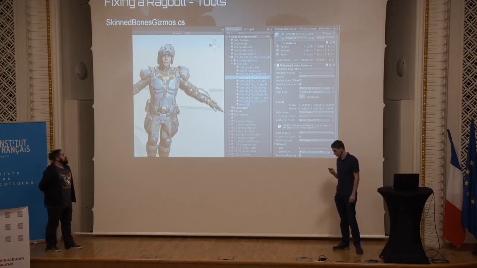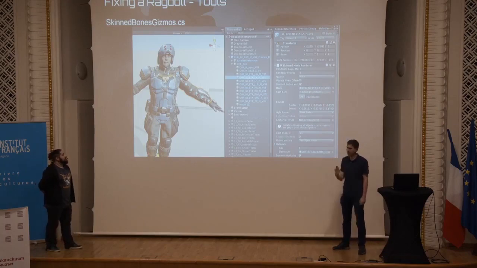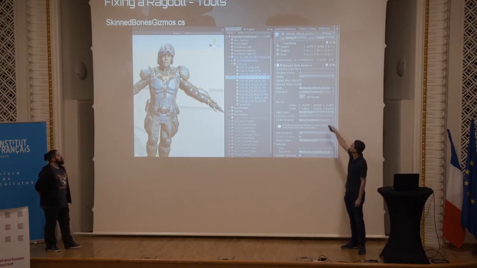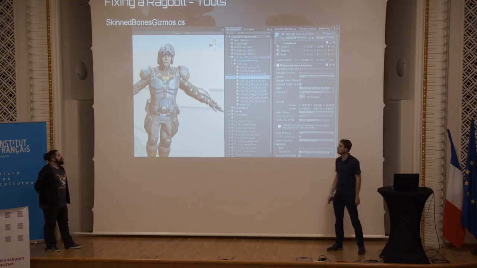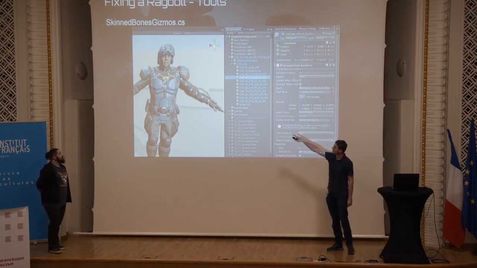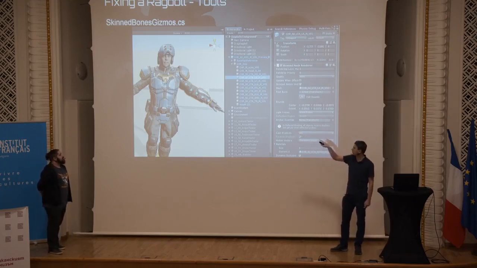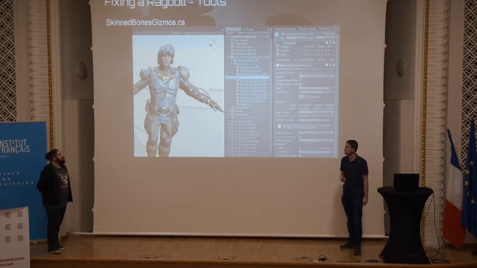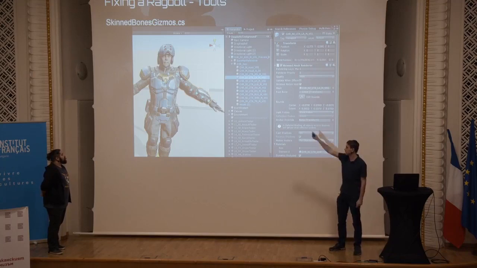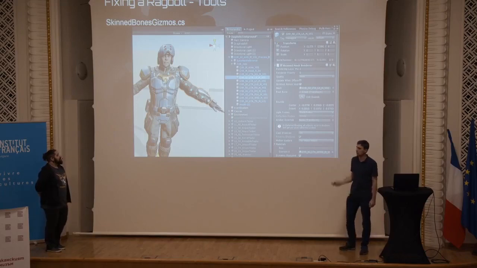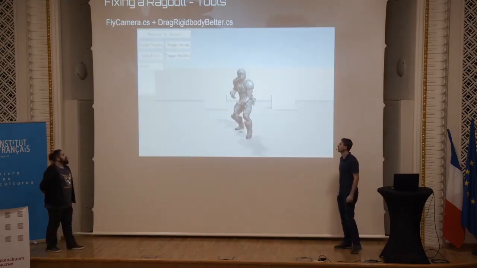And we created a tool that, when you select a skinned mesh renderer component, draws all the bones that it is skinned to, and you can click on any sphere and it will select that bone. And it also shows the chain of the bones. This is not in Unity. In Unity you can't do this. You can't see your skinned bones.